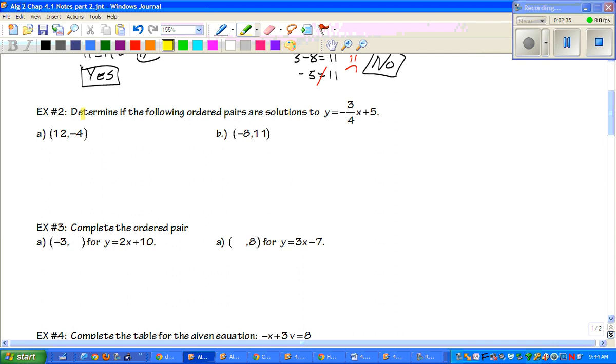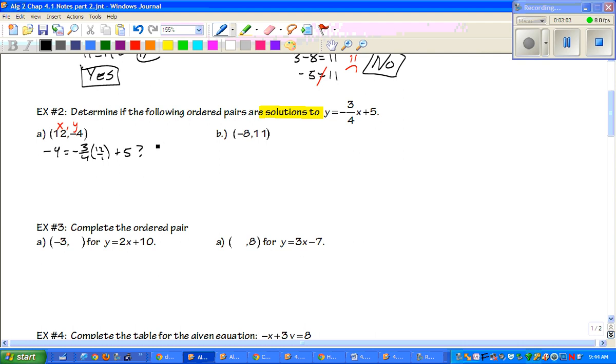We're doing the exact same thing. Determine if the following ordered pairs are solutions. Let's do A together, and then you can do B on your own. So remember, this is the x, and that's the y. So -4 equals -3/4. I'm making that 12/1 plus 5.